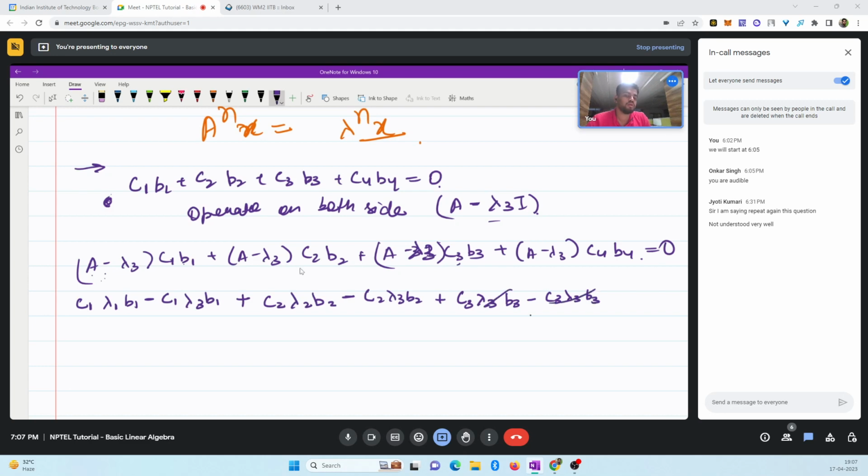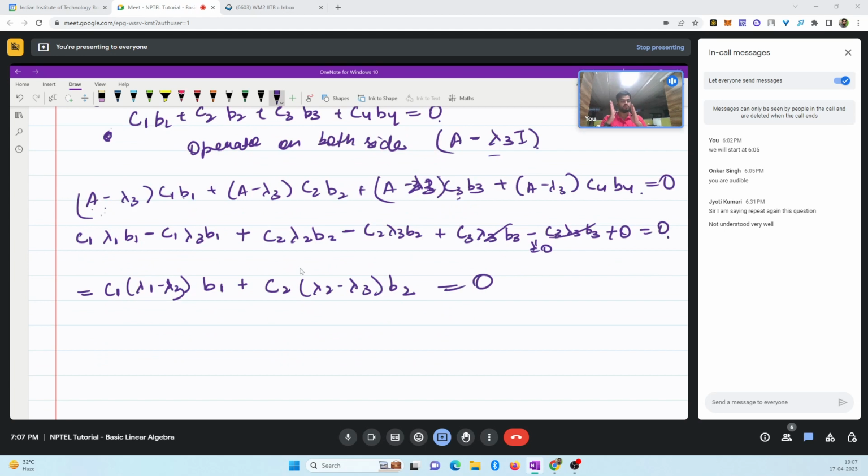These two cancel out to become 0, and the next term will also become 0. So what we are left with is c1 times (lambda 1 minus lambda 3) times b1 plus c2 times (lambda 2 minus lambda 3) times b2 equal to 0.